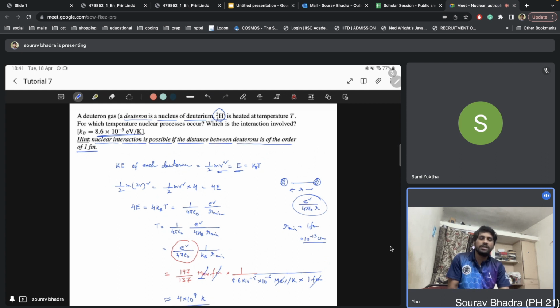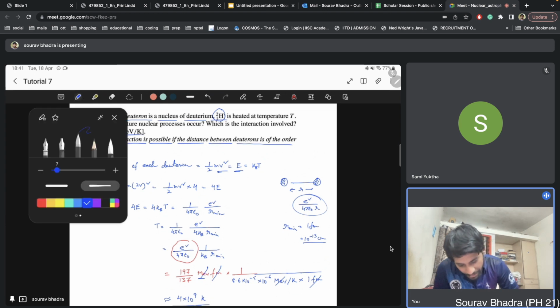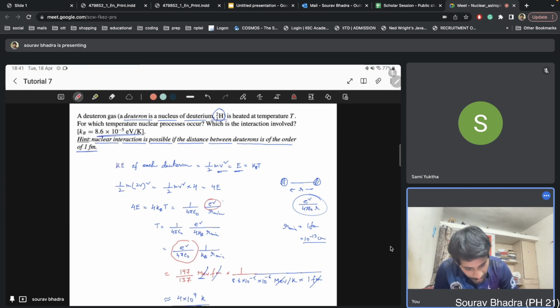If it is oxygen, then the Z will be 8. So in place of e square, it will be Z square actually. If it is carbon, it will be 6. That's how the calculation will change. Otherwise, everything is the same. Okay.